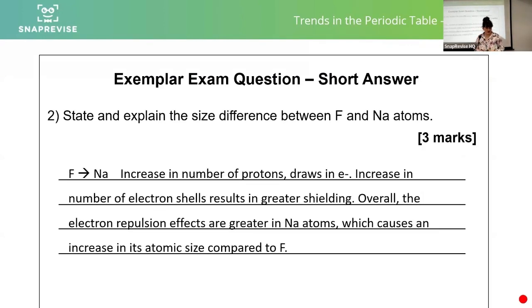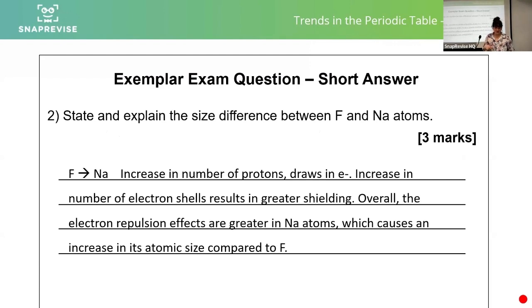Anyway, what would we say here? Something like this. If we're looking from fluorine to sodium, we would be thinking about the increase in the number of protons. As you go from fluorine to sodium, there is an increase in the number of protons. This is going to draw the electrons in tighter, or you can say the attraction between the protons in the nucleus and the outer electrons will be stronger, or there will be a greater attraction.